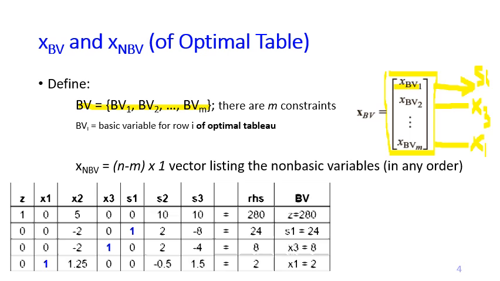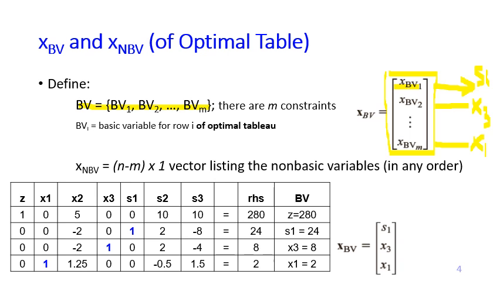And XNBV simply means the vector that lists all non-basic variables in any order. So let's look at the optimal table for the Dakota problem. XBV is s1, x3, x1 in that order.